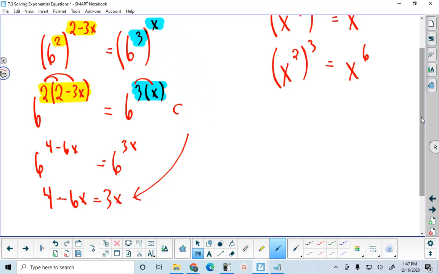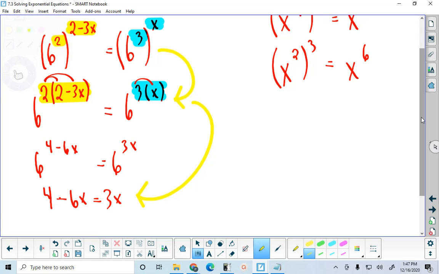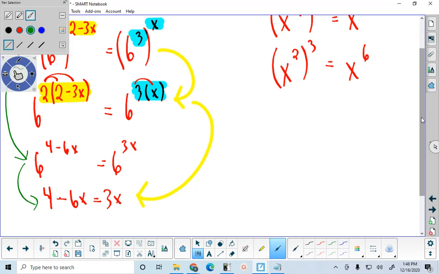So you can either go from here to here and then to here, or I guess you could go from here to here and then to there, but you need to show the fact that you are multiplying the exponents. Anyway, the rest of this question is child's play. That means it's very easy.